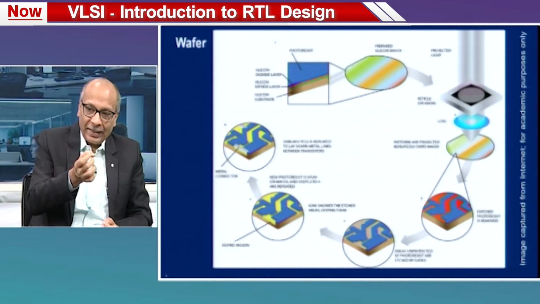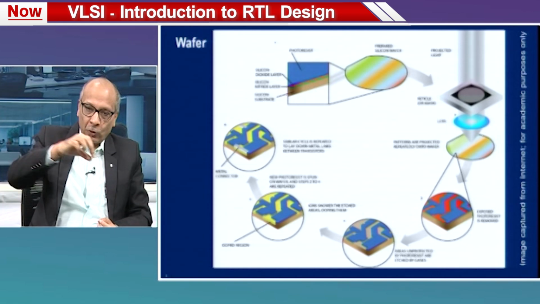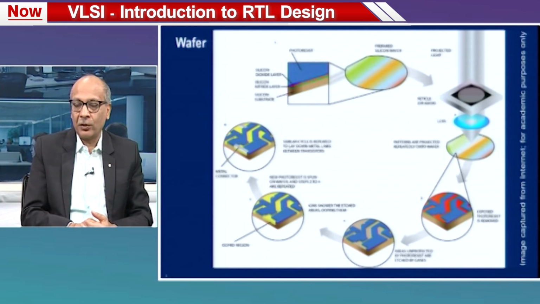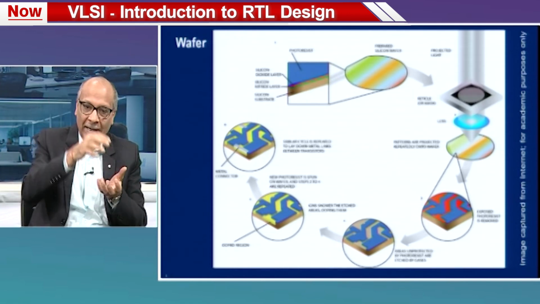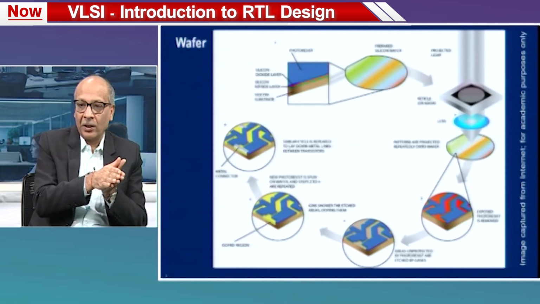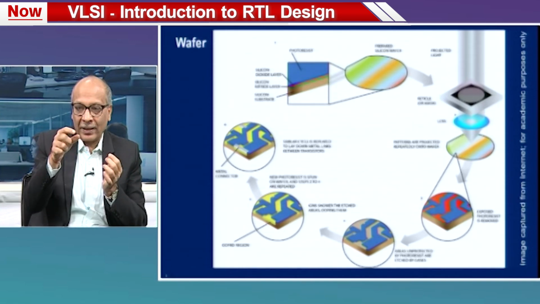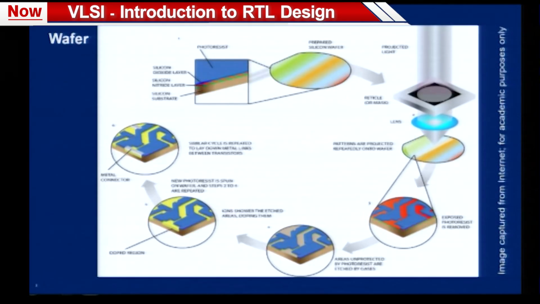Through concentrated rays, we remove the photoresist from some areas, which is the red portion in the figure. What this means is, now if you apply doping, the doping will affect only the red portion, and the blue portion, which is the photoresist material, will not allow the doping to affect the material.